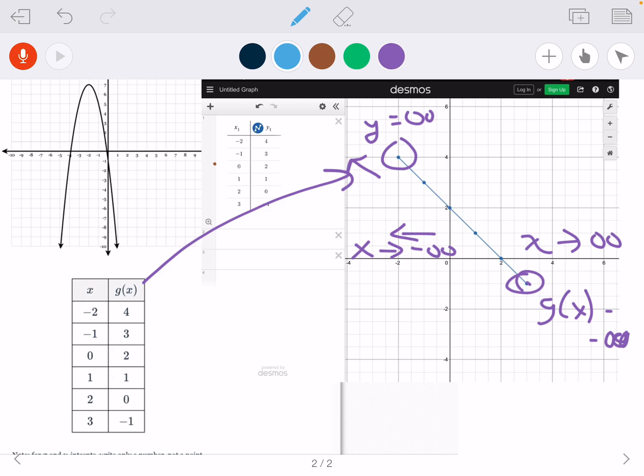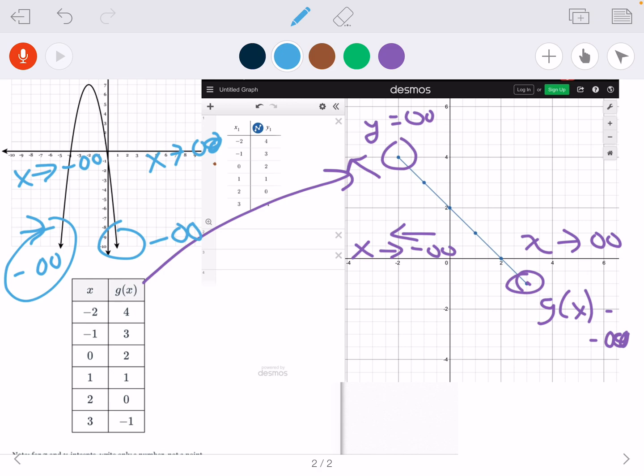The graph that's given to me: on the left side, x approaching negative infinity, your left side is negative infinity for your y as well. On the right side, x approaches infinity, I'm also going to negative infinity.